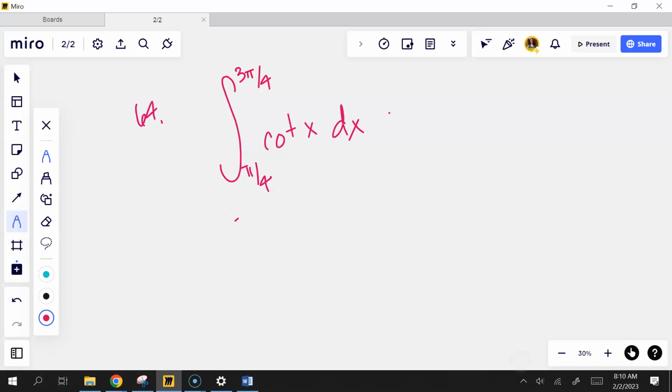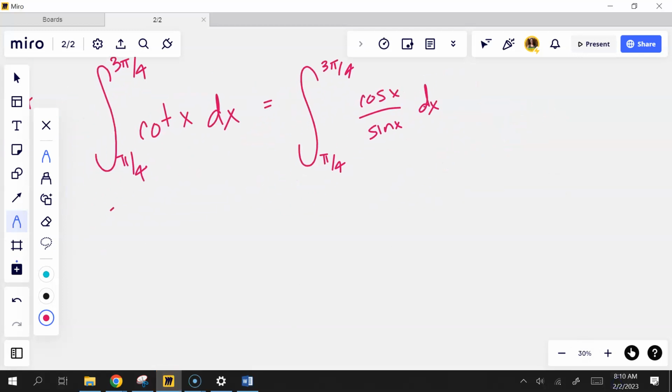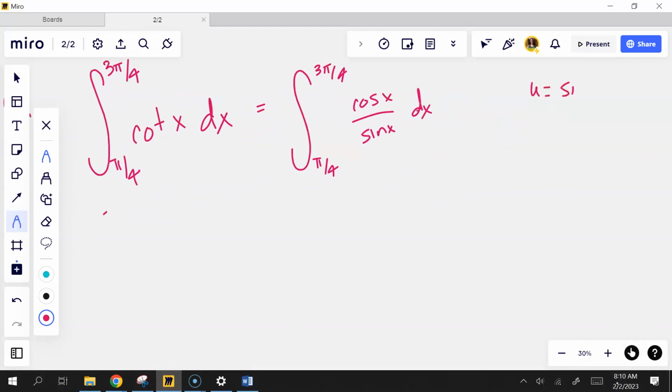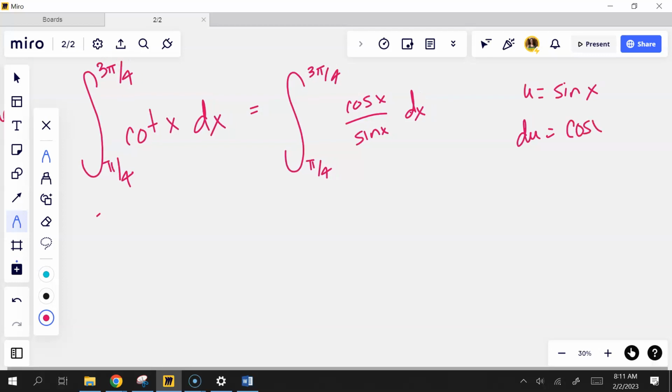So if I make this pi over 4, 3 pi over 4, if I make it cosine x over sine x dx, what did you let be u? How'd you decide that it was sine? Because the derivative of sine is cosine.